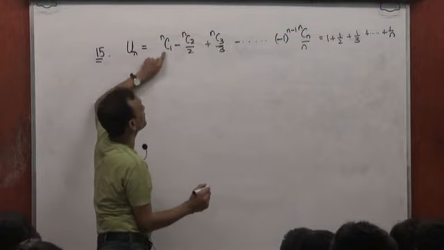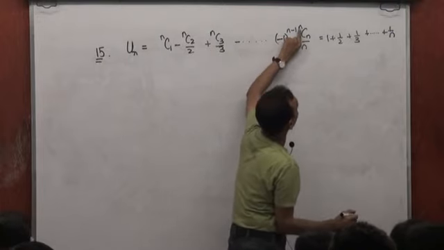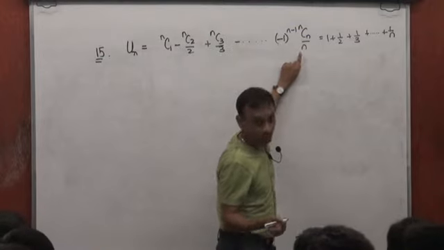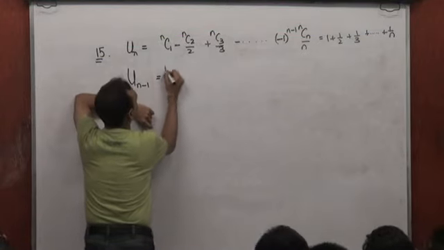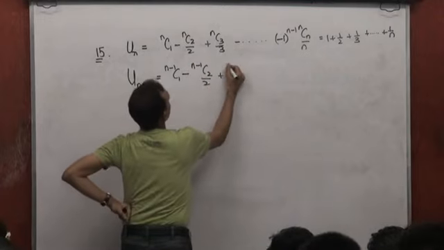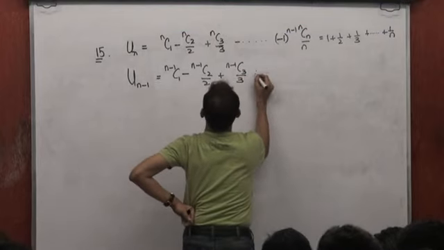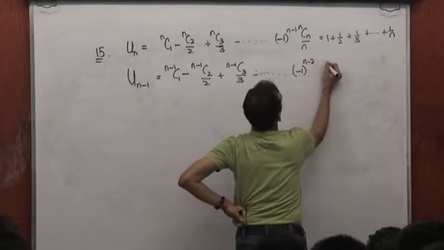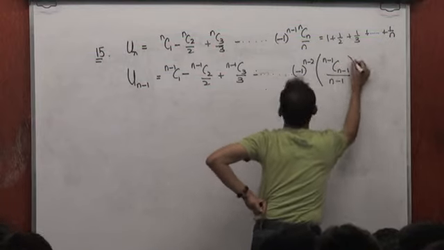Un minus 1 would be n minus 1 c1, minus n minus 1 c2 by 2, plus n minus 1 c3 by 3, and so on, up to minus 1 to power n minus 2, n minus 1 c n minus 1 by n minus 1. That's un minus 1, yes or no?